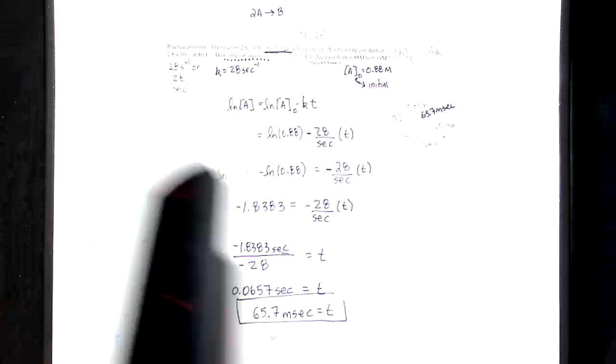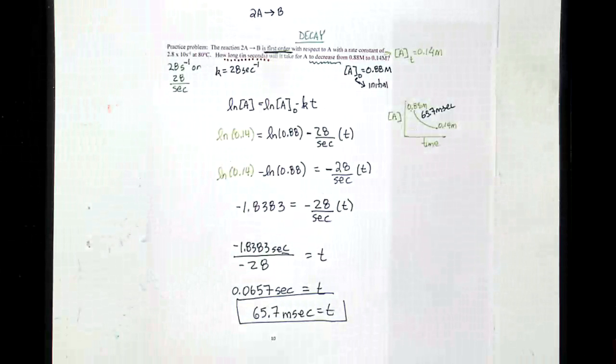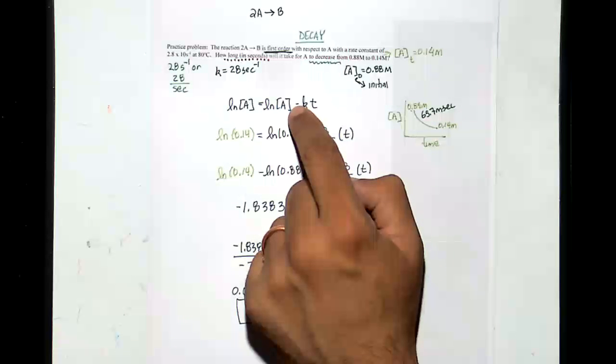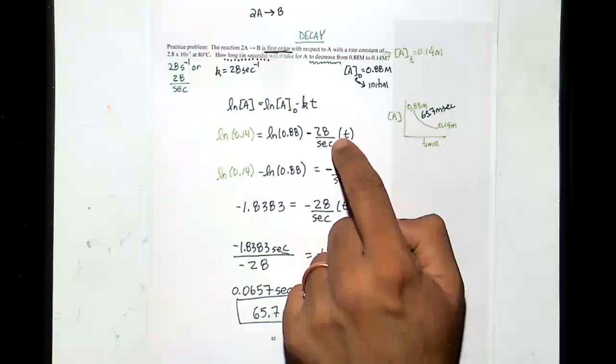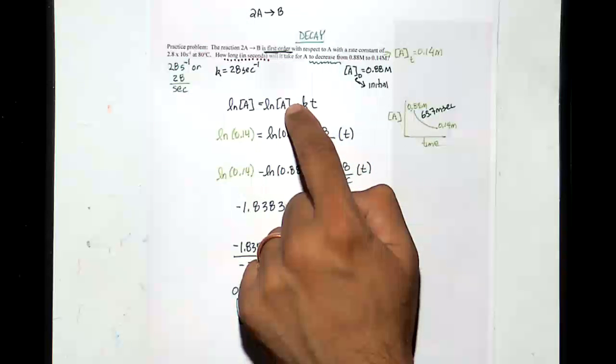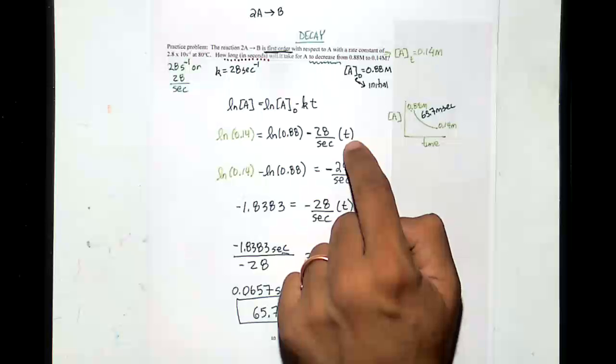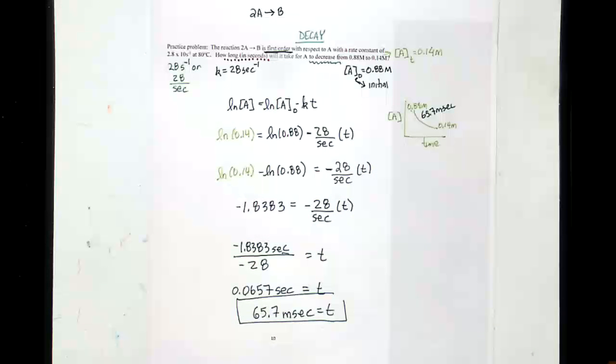All right, so why is it negative 28? The equation has a minus sign here. Oh, okay. Minus k times t. So minus k, which is 28, times time t.